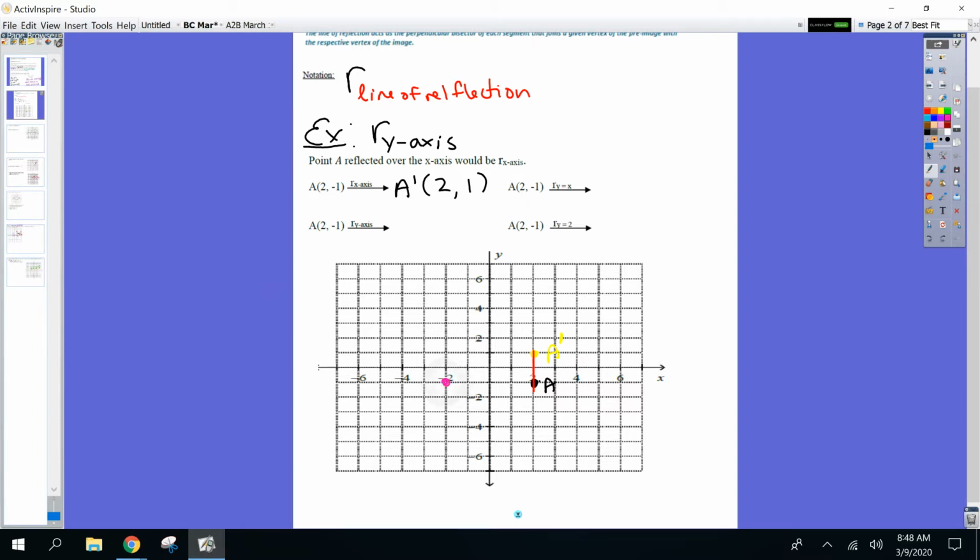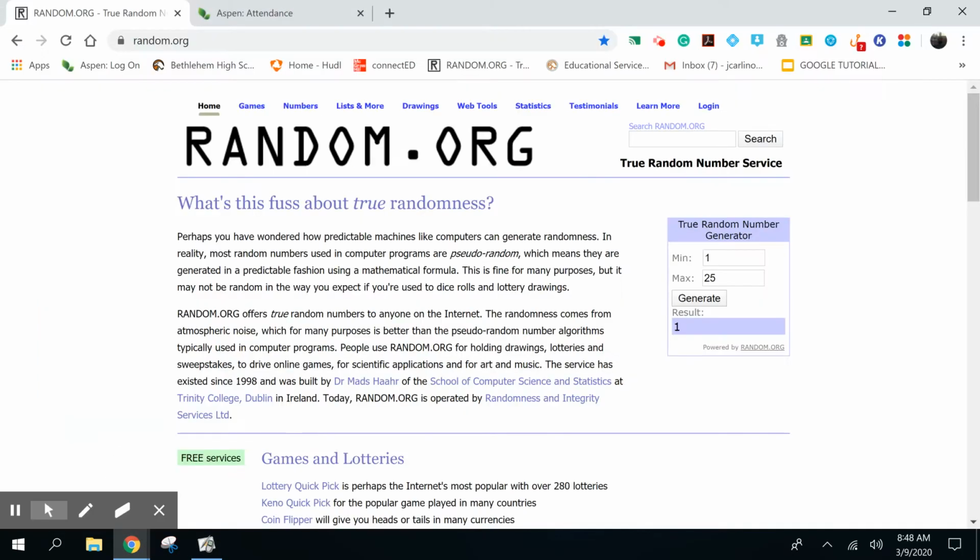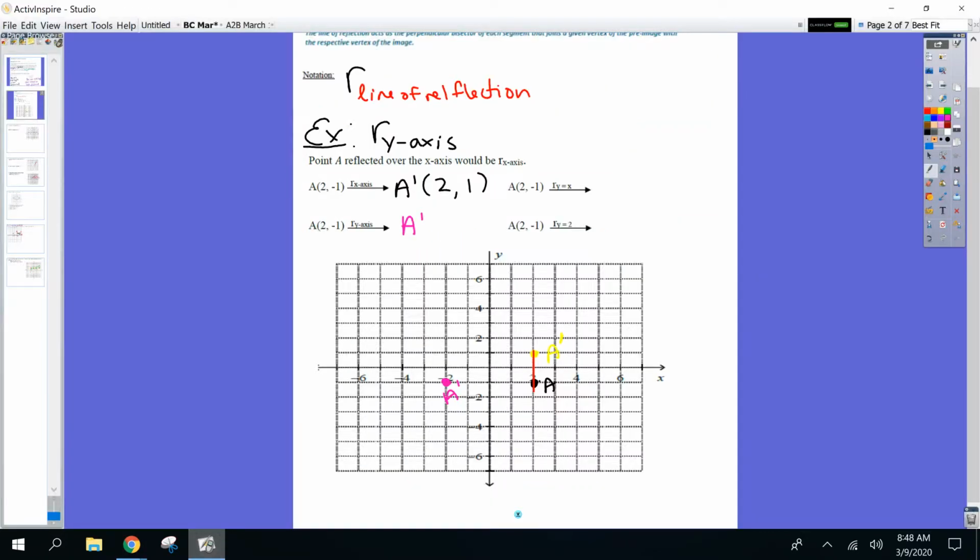Go 2 units away. I can still call this A prime because I'm doing it on the original. If I did it to A prime, we'd have to call it something different. What's my new A prime? There you go, -2, -1.